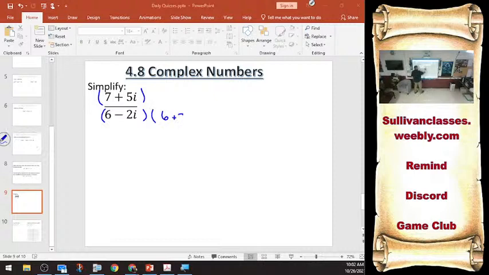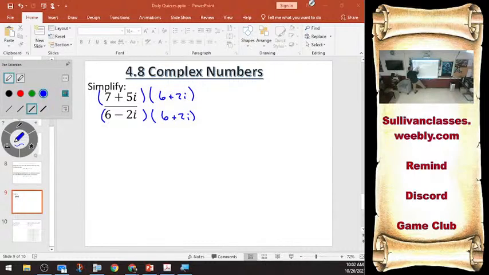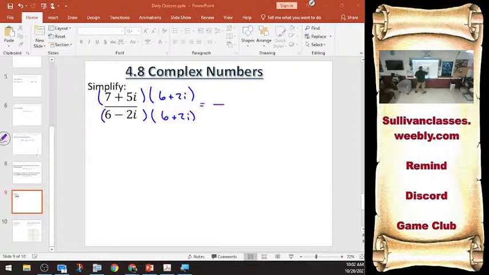By 6 plus 2i. 6 plus 2i. Distribute. We got a 42 plus 14i's plus 30i's plus 10i squareds.